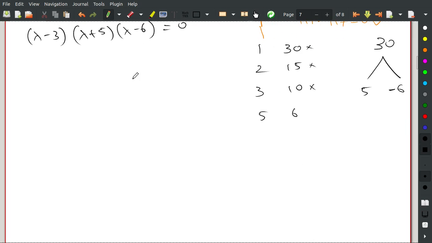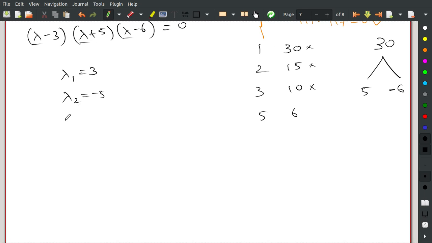These roots are nothing but the eigenvalues. So what are the eigenvalues? Let me put a subscript to distinguish the roots. Lambda 1 equals 3, which comes from lambda minus 3 equals 0, therefore lambda equals 3, which is one eigenvalue. Another eigenvalue, lambda 2, comes from lambda plus 5 equals 0, or lambda equals minus 5.